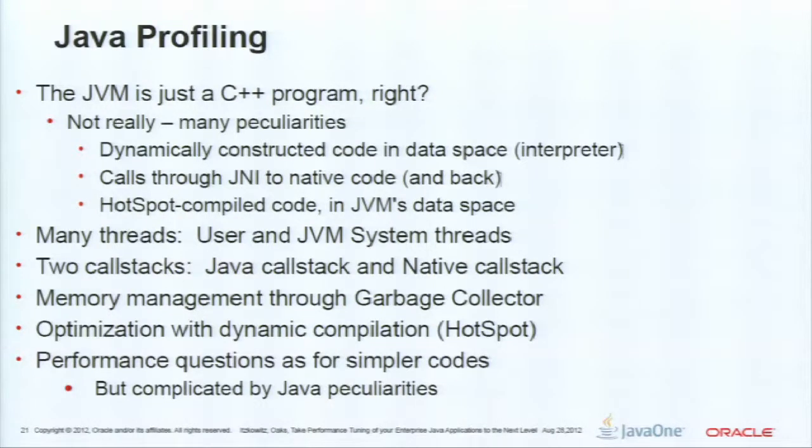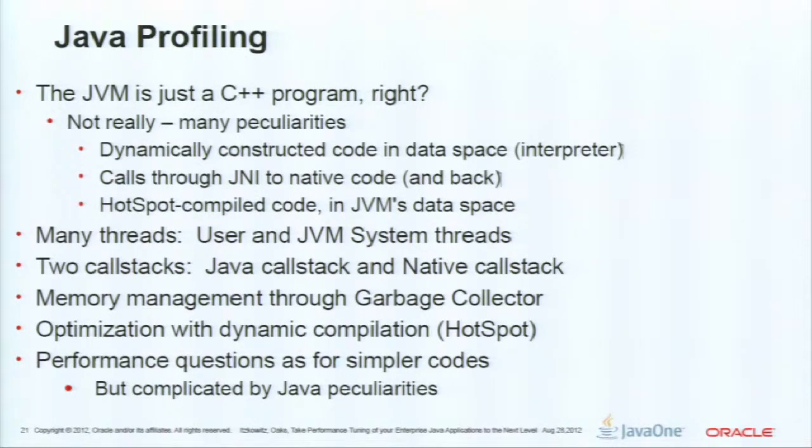And sometimes you really have to do a combination of both. And what we do, well, I'll talk about what we do later. Another complexity of Java profiling is that memory management is all done through a garbage collector, and that optimization of the code is done by the hotspot compiler, and it may actually take a method and compile it more than once.